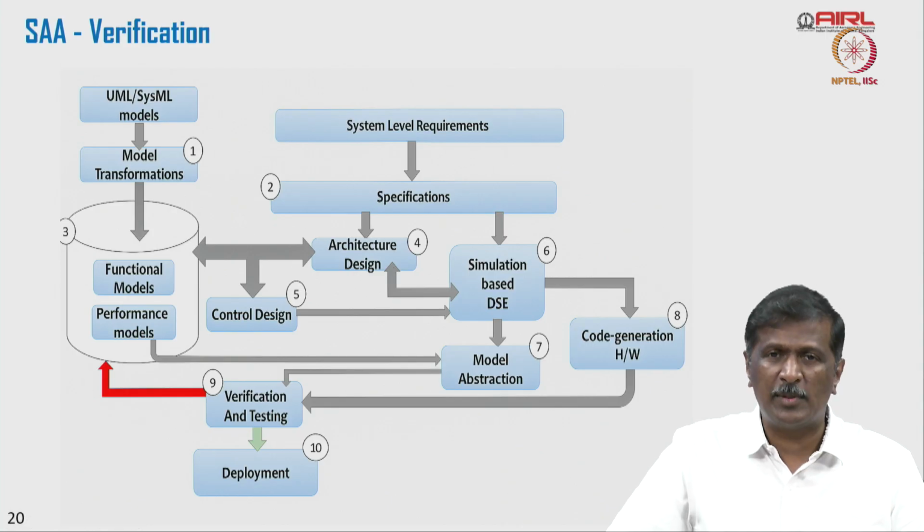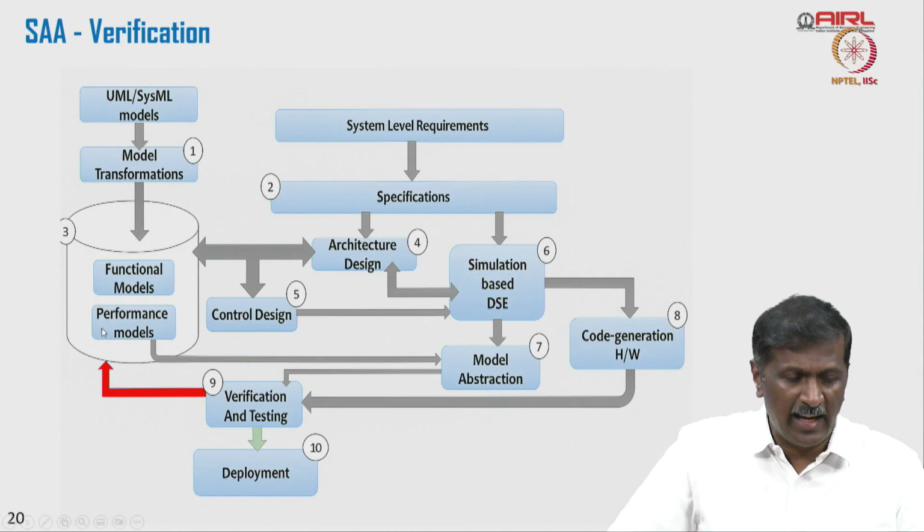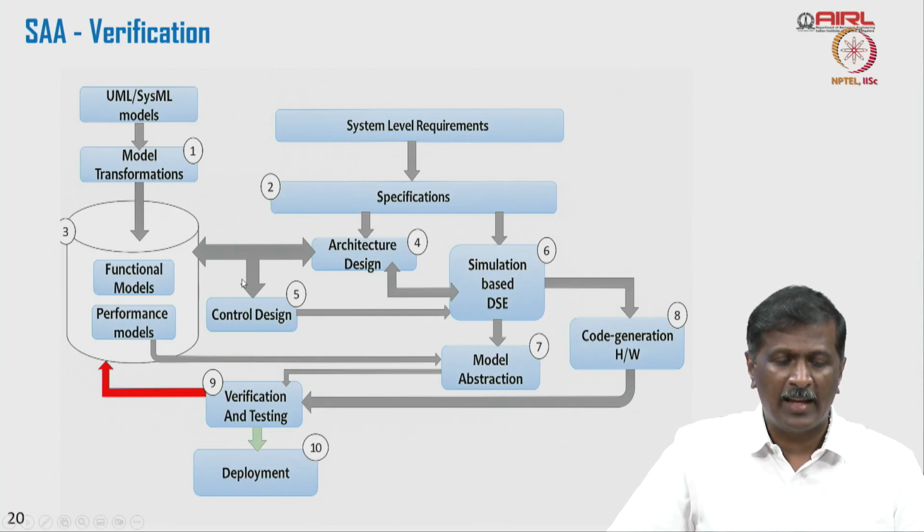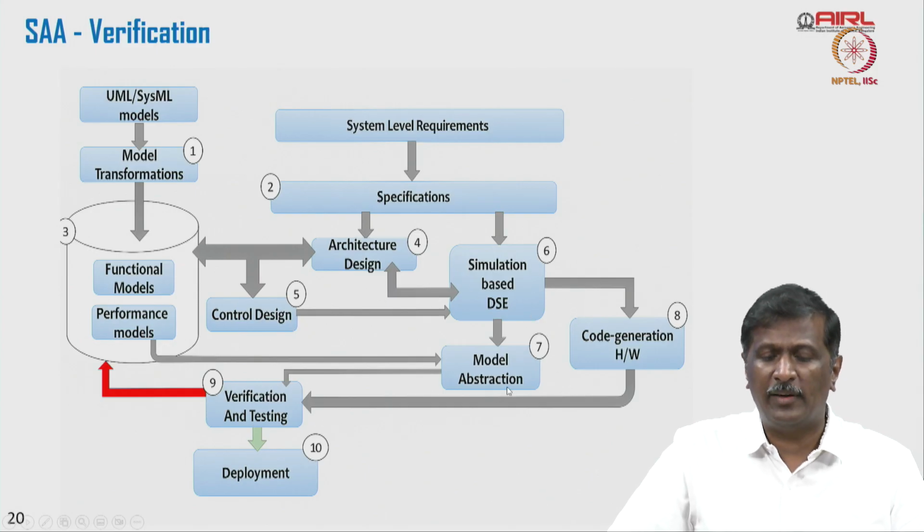Based on my sensor specification, drone operating limits and specification, I have to design the architecture. Once I do the architecture, once I have the performance metrics, I may have to develop the design, control design approaches. All these should be sent to my simulation to verify.